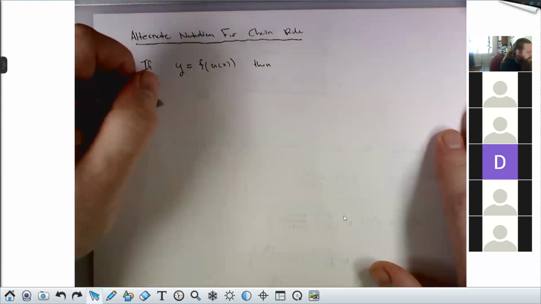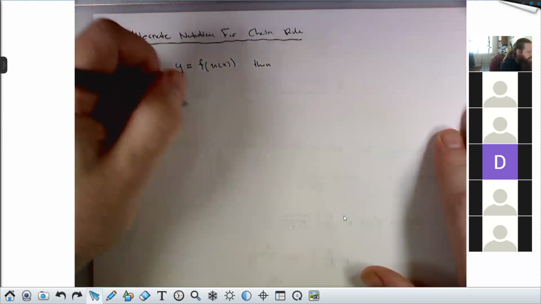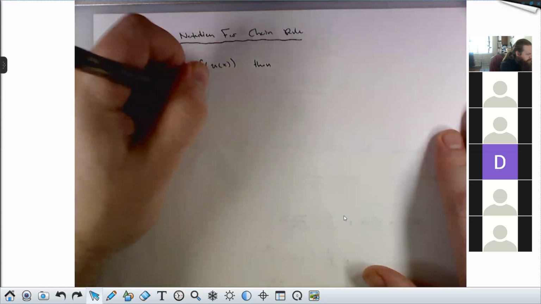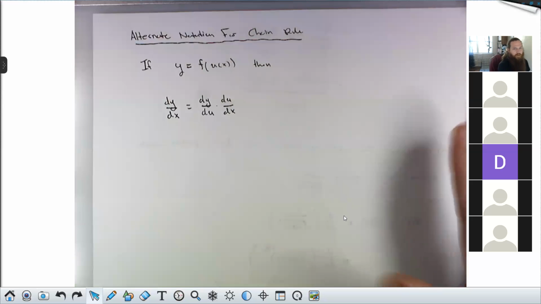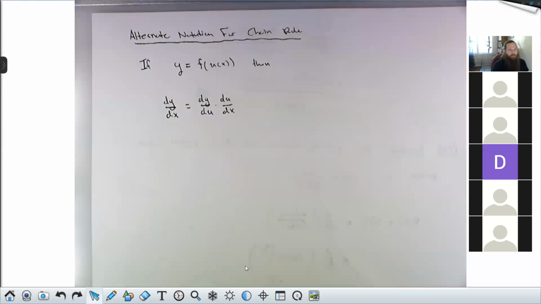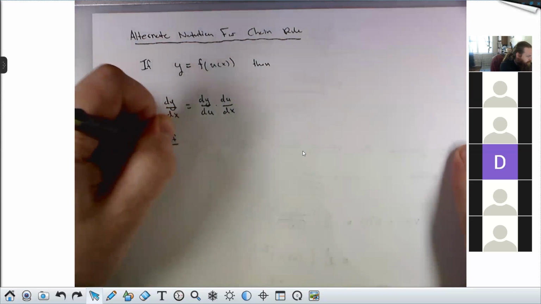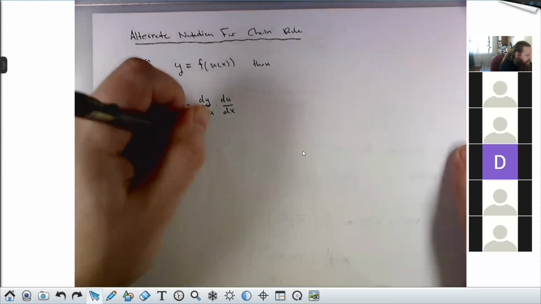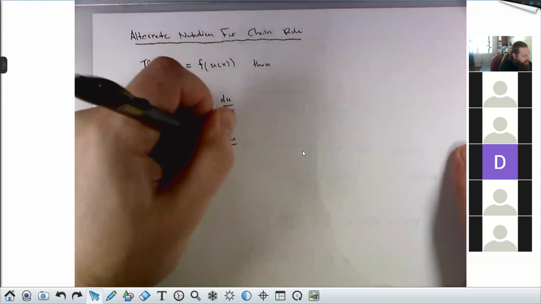And here are some other ways we can write this. dy/dx, which is f primed, would be dy/du times du/dx. I think people like this because you can think of it like the du's cancel. If you wanted, you could write this as df/dx equals df/du times du/dx.